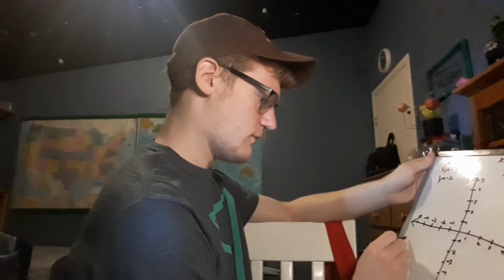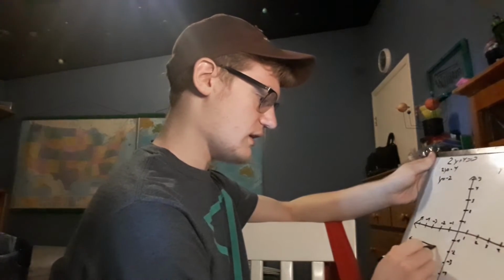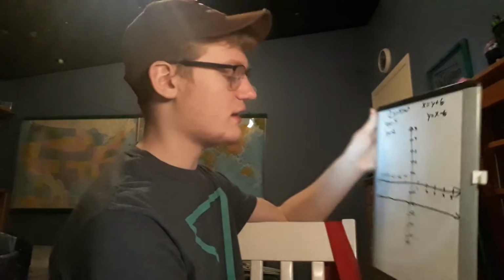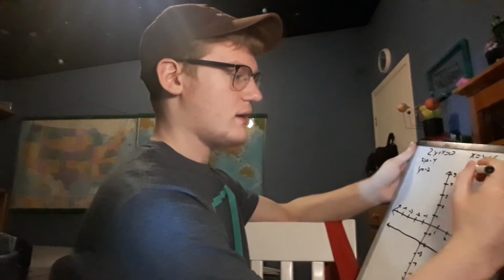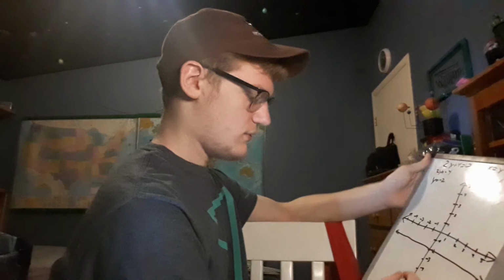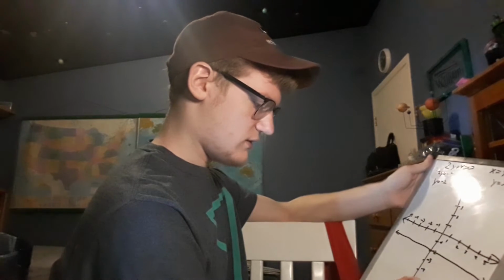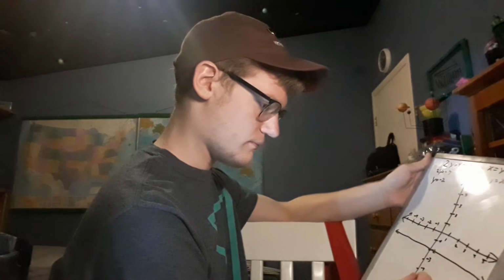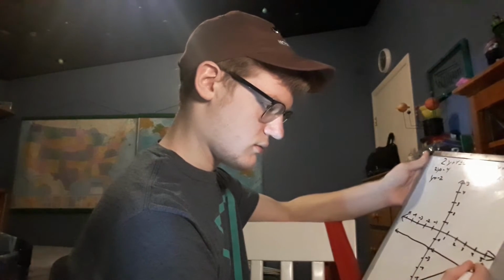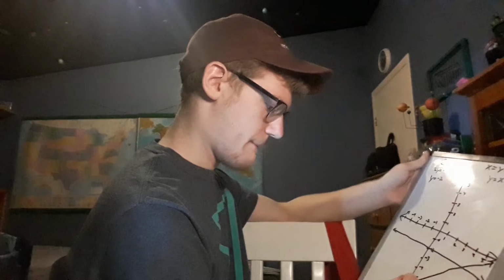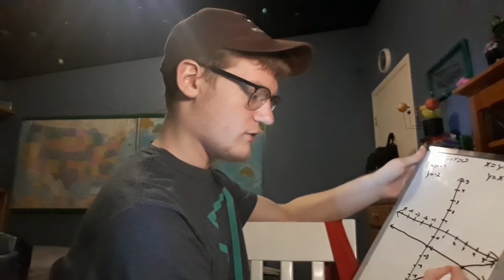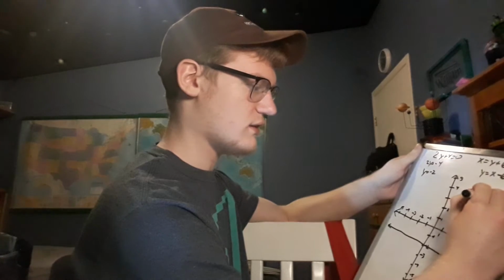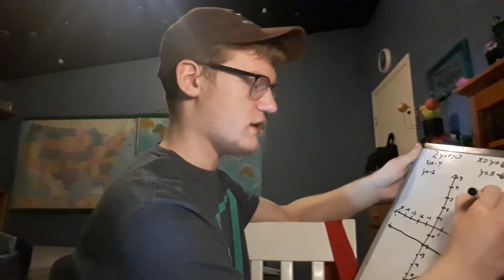So we just have y equals negative 2 from left to right like that. And this one is simple enough. We start at negative 6 and we go up 1 every time we go over. And we again get the point that we were looking at last time for negative 2.